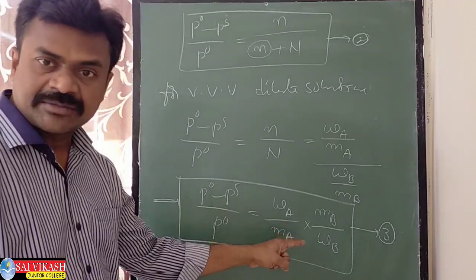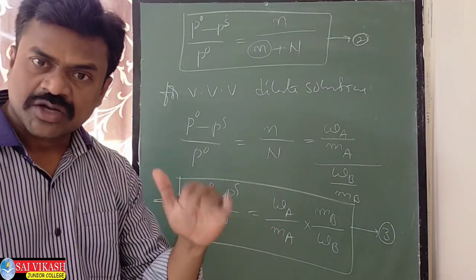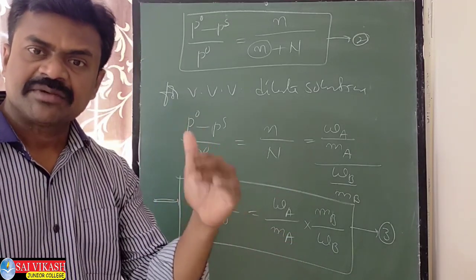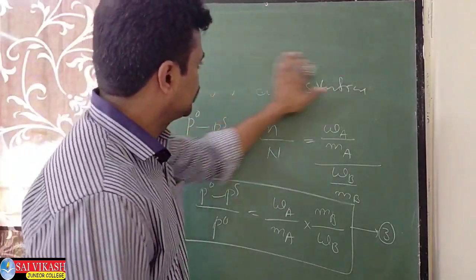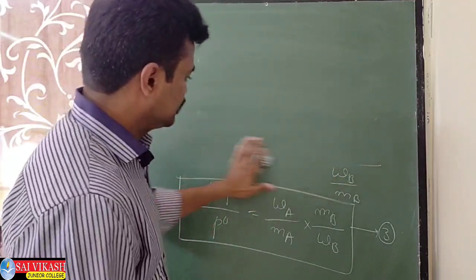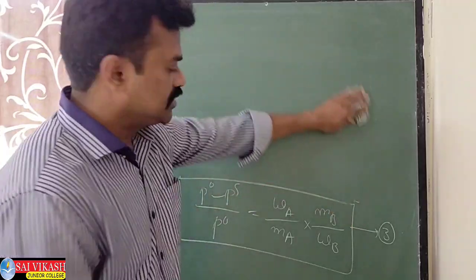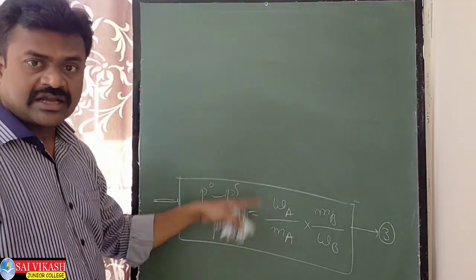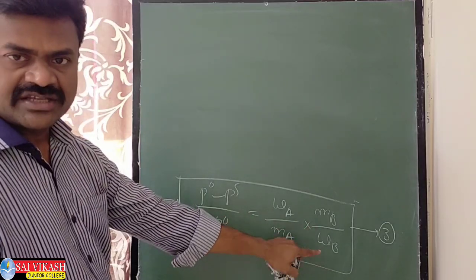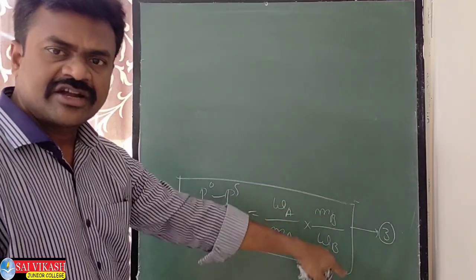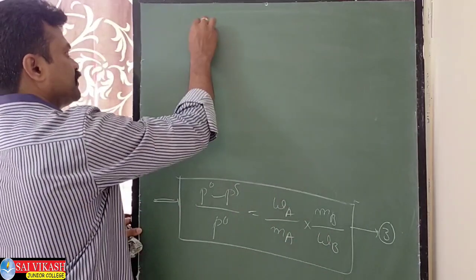From this equation number 3, I am giving one more relation. It is very much useful for objective. You need to write this in your notes also. In equation number 3, I am multiplying by 1000 and dividing by 1000.